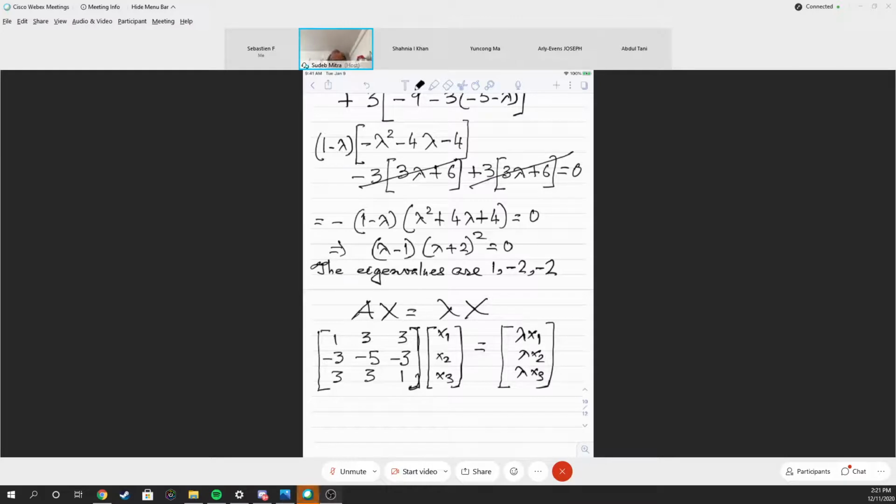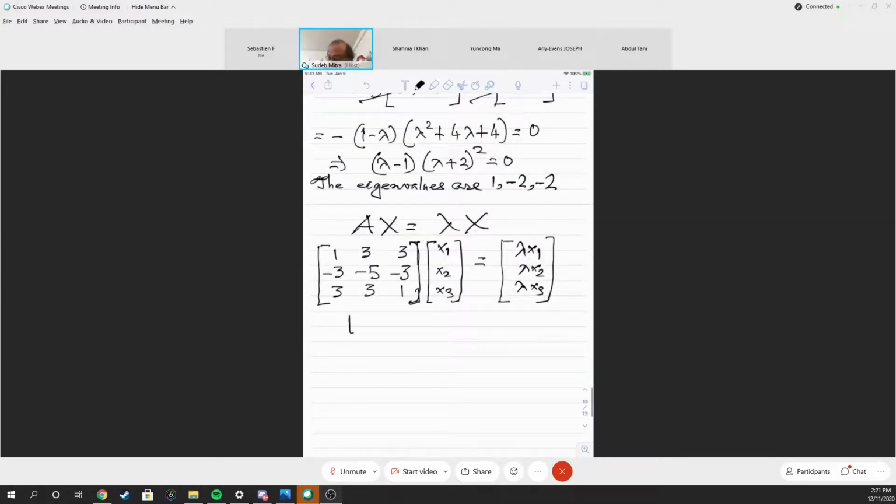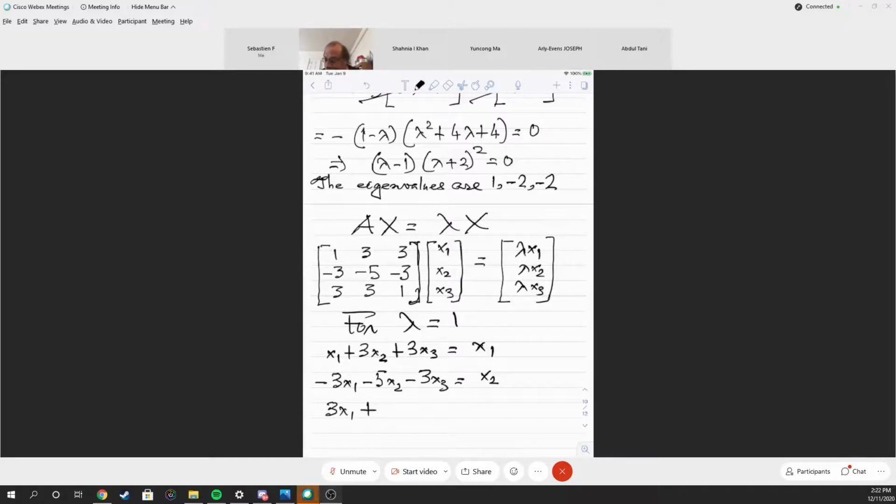Okay, so when lambda equal to 1, what do you get? You get x1 plus 3x2 plus 3x3 is equal to x1, minus 3x1 minus 5x2 minus 3x3 is x2, 3x1 plus 3x2 plus x3 is x3.